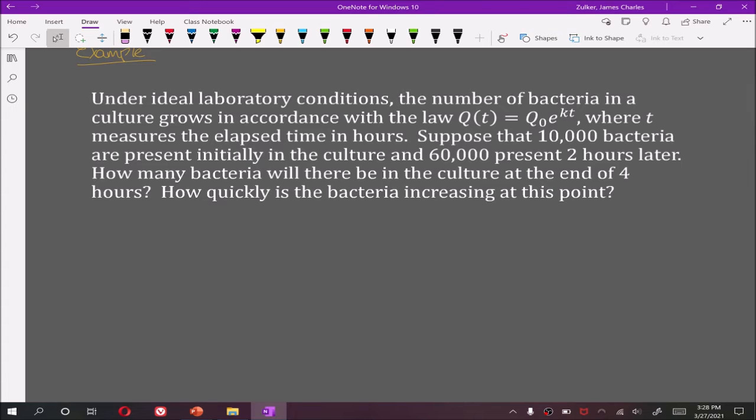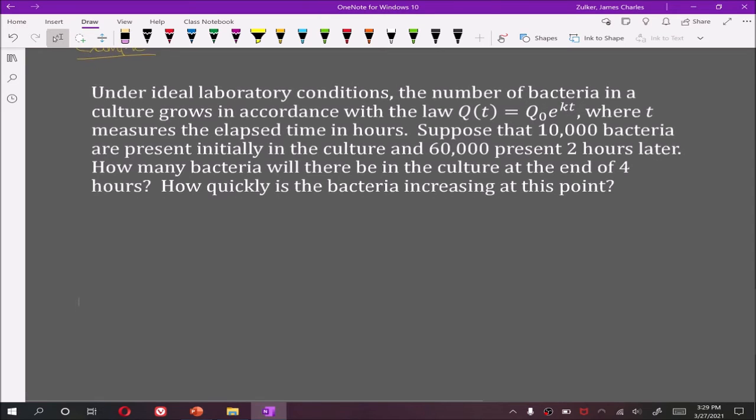That is the law Q of t equals Q naught e to the kt, where t measures the elapsed time in hours. Suppose that 10,000 bacteria are present initially in the culture, and 60,000 are present 2 hours later. How many bacteria will be in the culture at the end of 4 hours? And then how quickly is the bacteria increasing at this point?